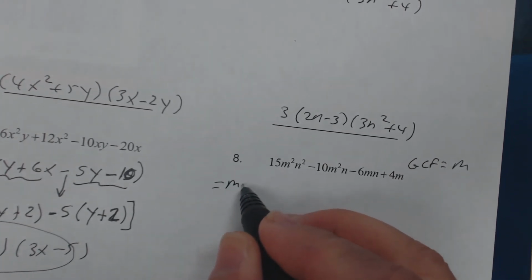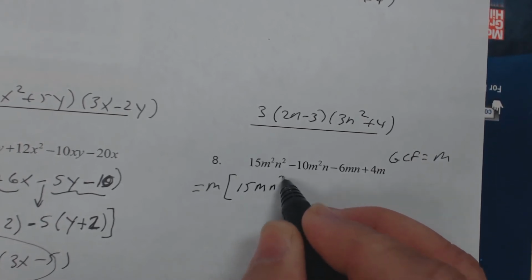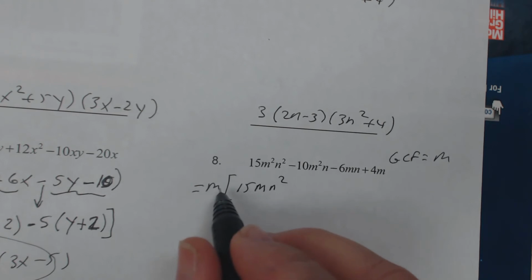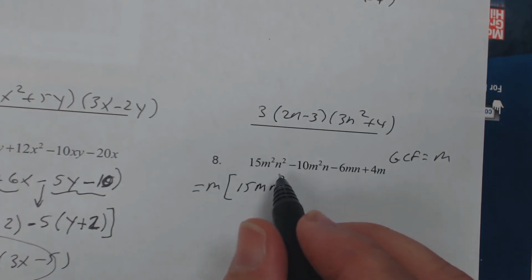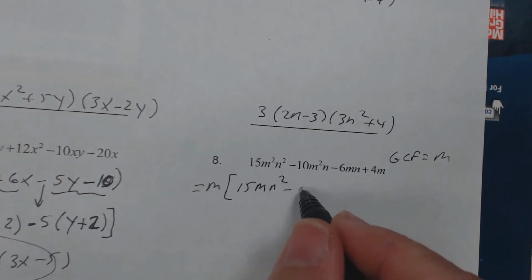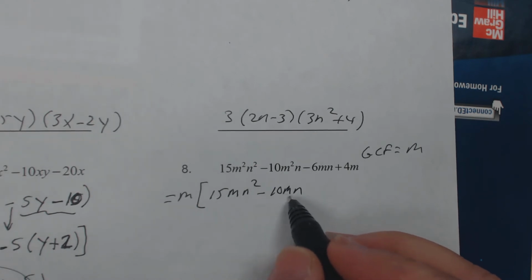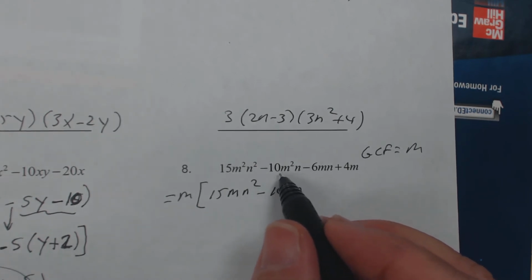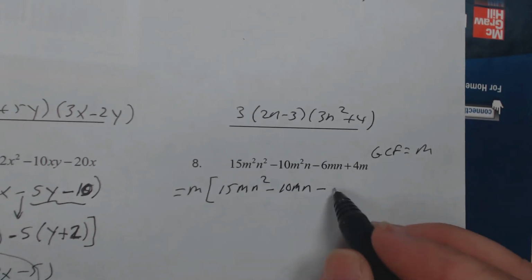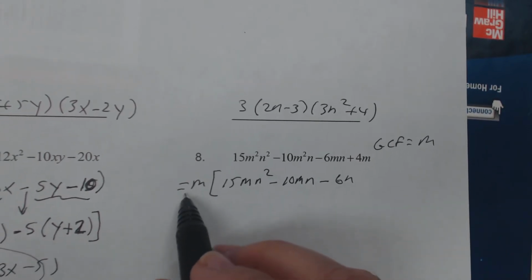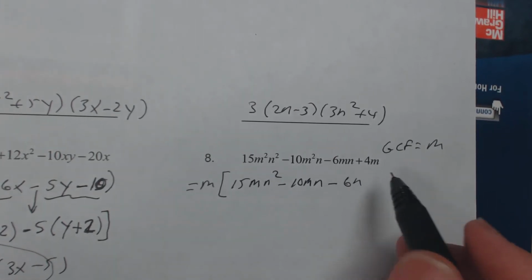So you factor out an m, and you're going to get m times 15mn squared, which gives you 15m squared n squared. Minus, then that's going to be 10mn. M times negative 10mn is a negative 10m squared n. Minus, and then here, that's going to be negative 6n. M times a negative 6n is a negative 6mn.